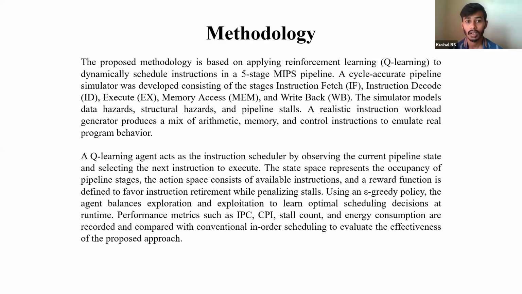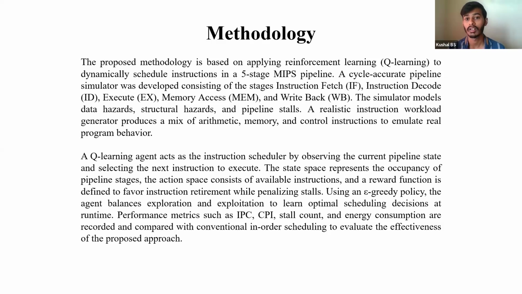The simulator detects structural hazards and pipeline stalls. Then realistic instruction workloads are generated, producing a mix of arithmetic and control instructions in the program. Our Q-learning agent acts as an instruction scheduler by observing the current pipeline state and selecting the next instruction.